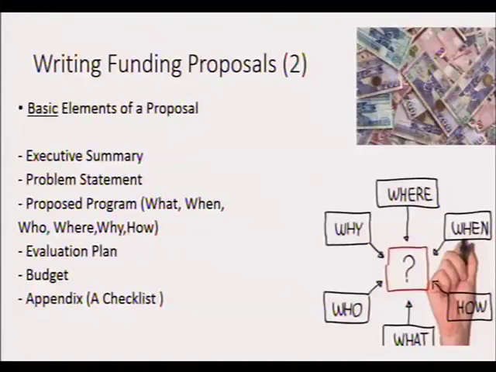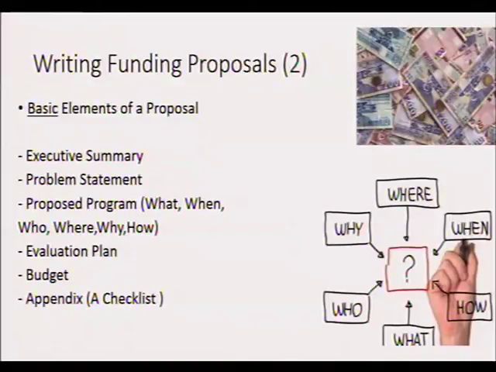These are only the elements that we propose you need to have within the proposal. The first thing is an executive summary, which is a synopsis or an abstract that gives a whole view of what the project is all about and what you want to use it for.